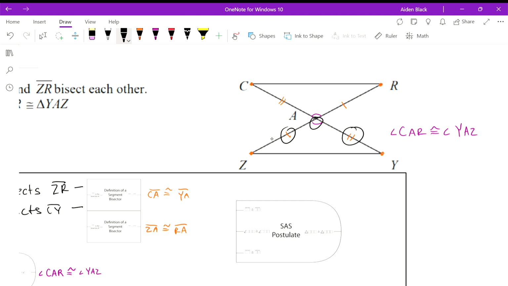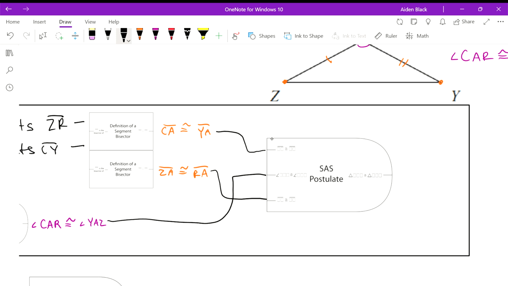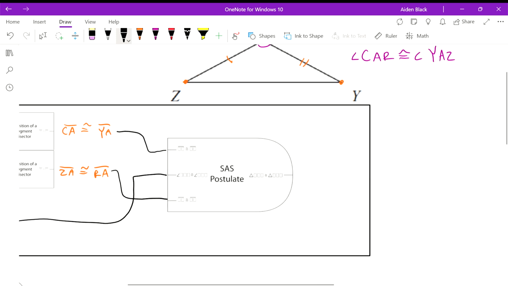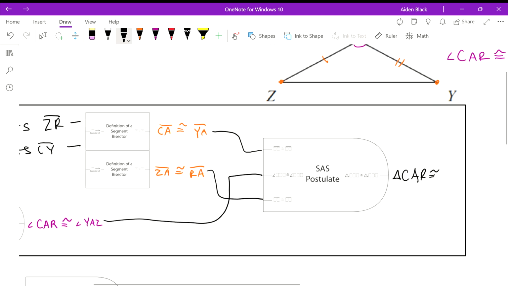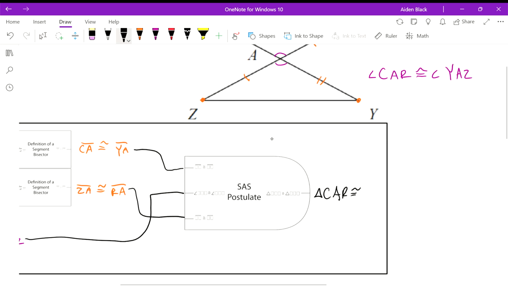The angle is between the 2 sides. So this connects to here, this connects to here, and this connects to here. Finally, we can make the statement that triangle CAR is congruent to YAZ. This is what we were trying to prove.